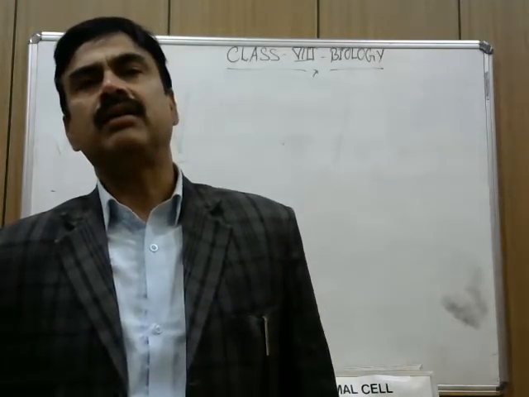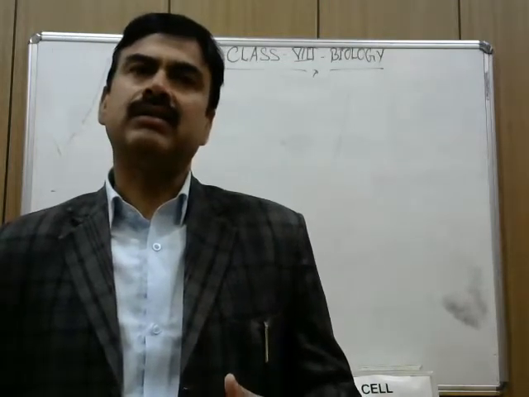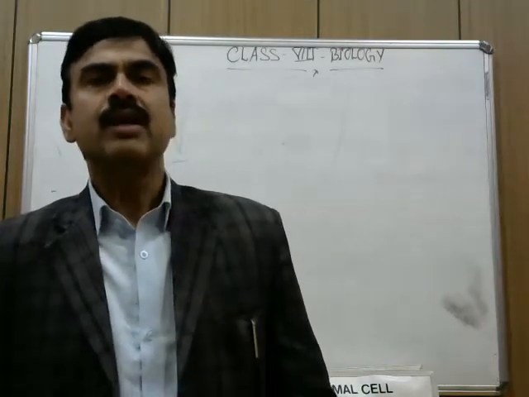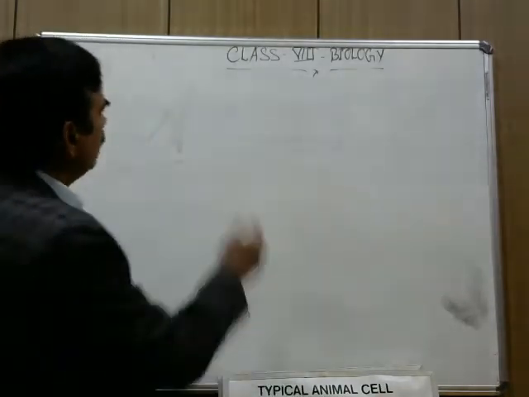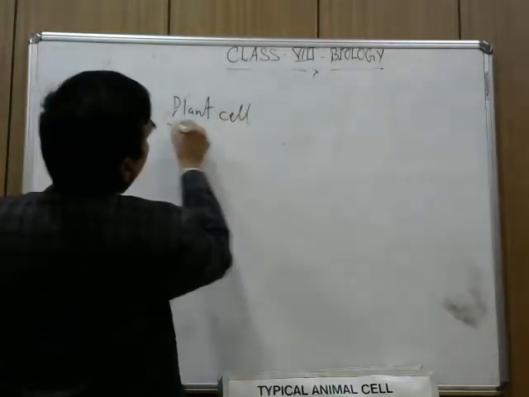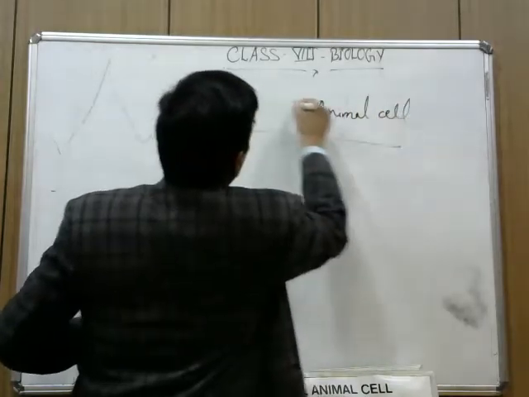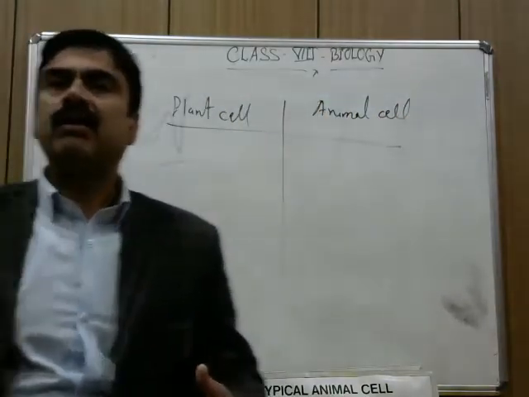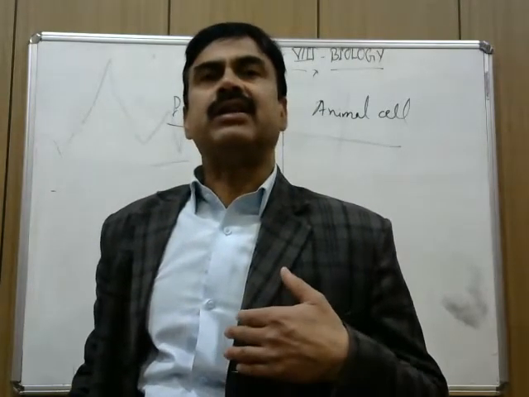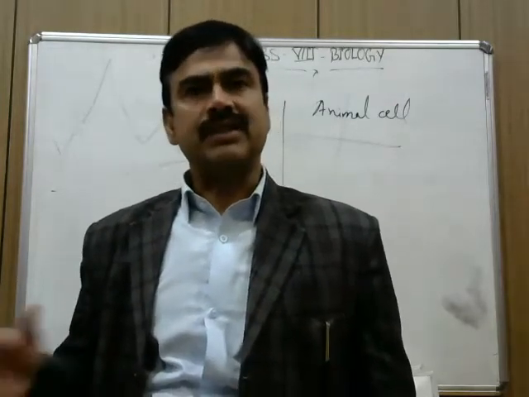But before that, let us see the differences between plant cell and animal cell. As you have noticed, the plant cell and animal cell have different shape, size, and different cell organelles for different functions.